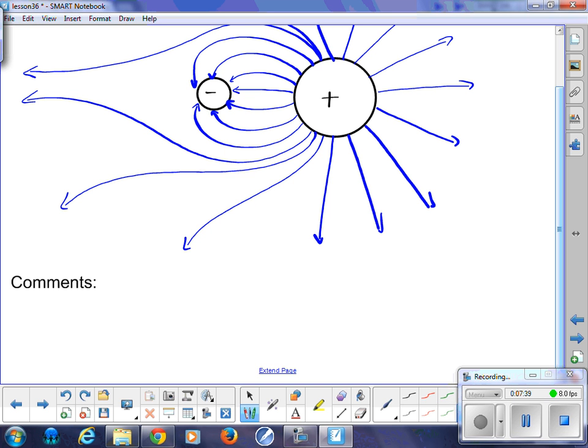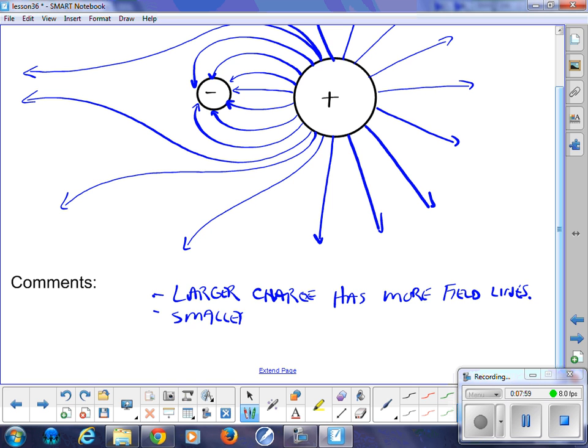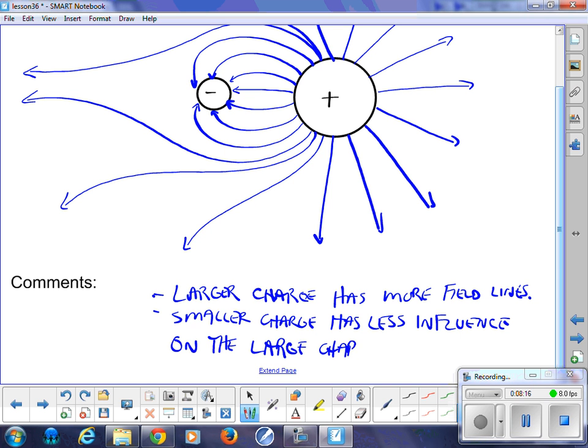So again, you're going to end up with the larger charge having more field lines, and the smaller charge has less influence on the large charge's field lines.